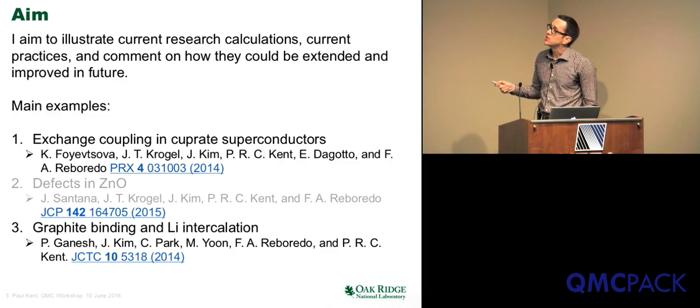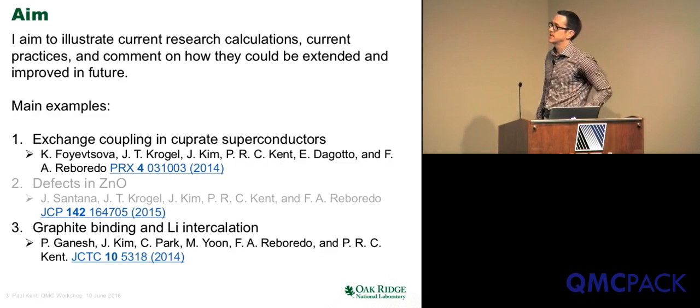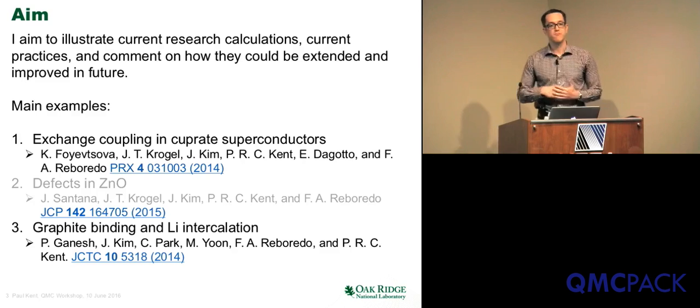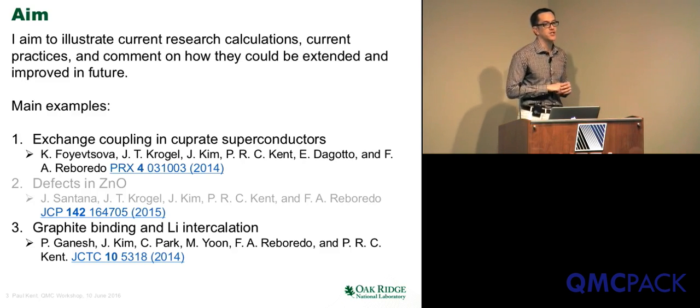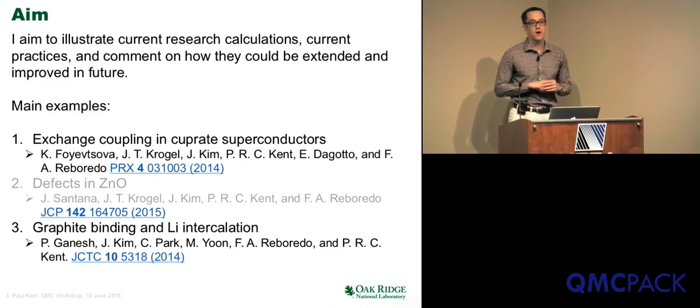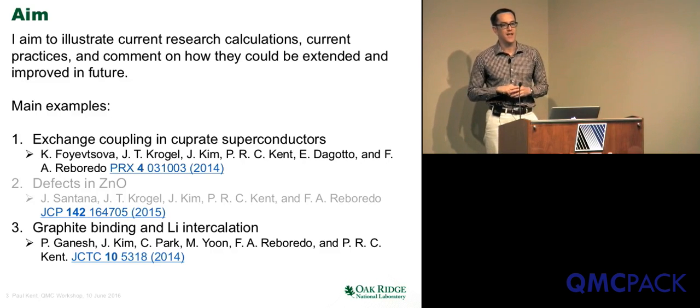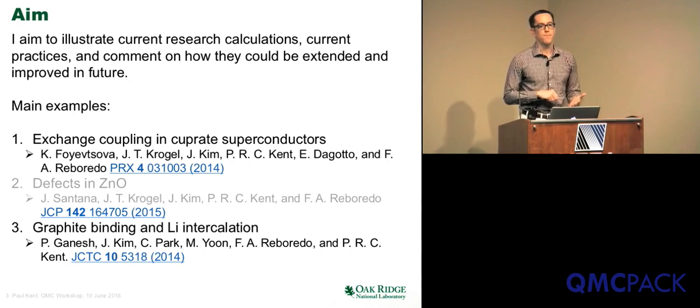I'm not going to talk about the calculations that we've done for defects in zinc oxide and really the development of defect calculations in quantum Monte Carlo, but I'll be happy to talk about that later. This is actually an area where the method is extremely useful because it is very difficult to obtain thermodynamic information about defects in materials from experiment.